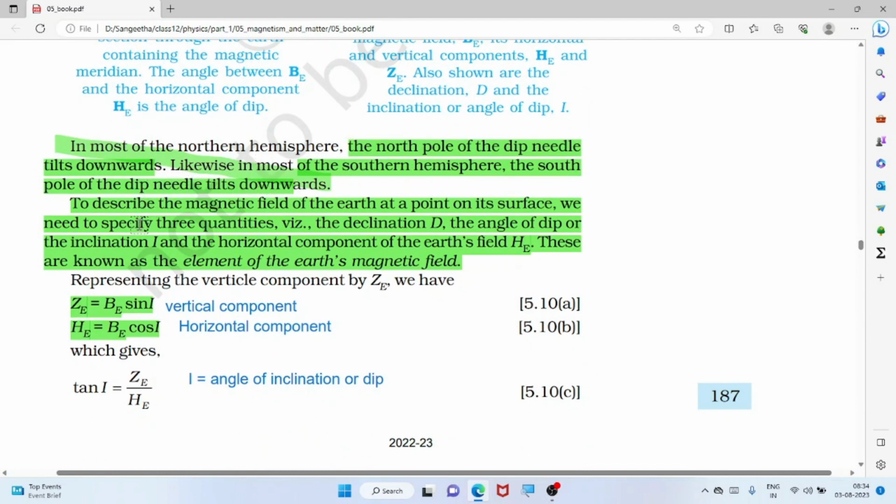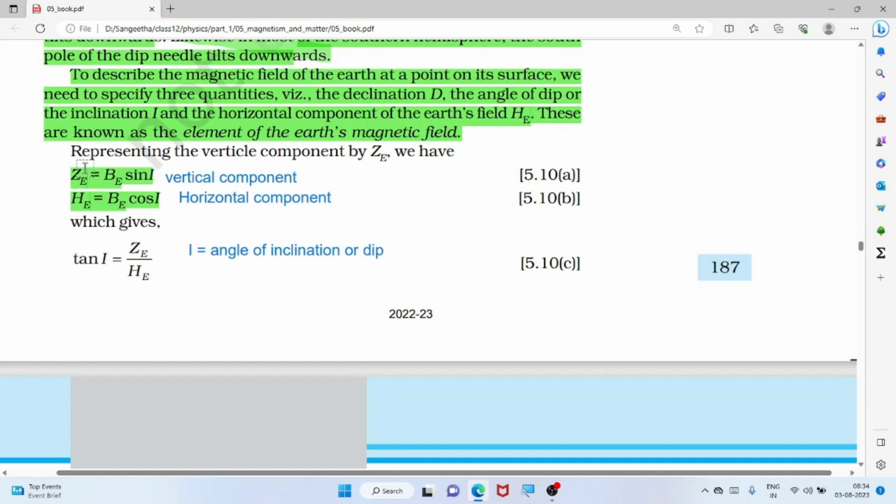This is the relation between the vertical component of the magnetic field, the total magnetic field and the inclination angle. Vertical component equals B sin I, where I is the inclination angle.